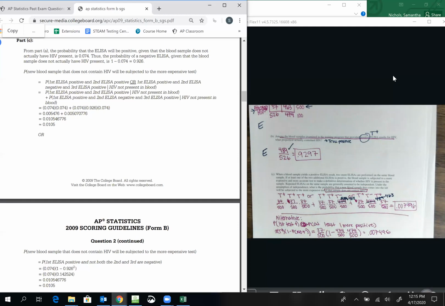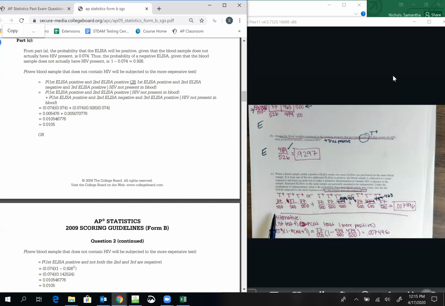So if you don't have HIV, for you to get the more expensive test, you had to test positive the first time. So I have test positive the first time on all 3 of these. After that, you have to get at least 1 more test positive. So you could have gotten the first or the second one positive, the third one negative, or the second one negative and the third one positive.